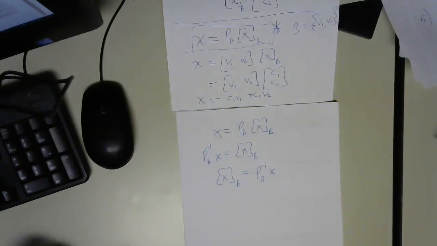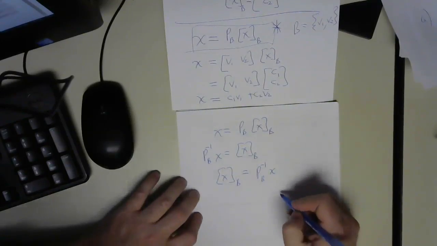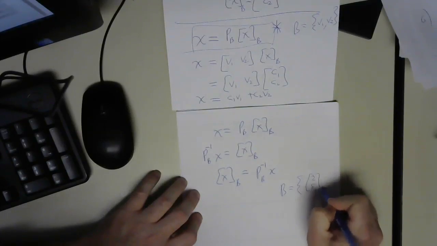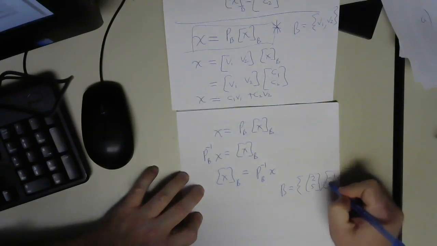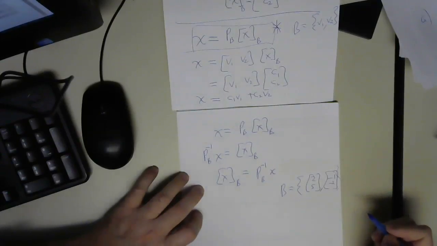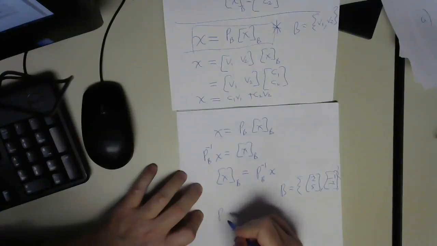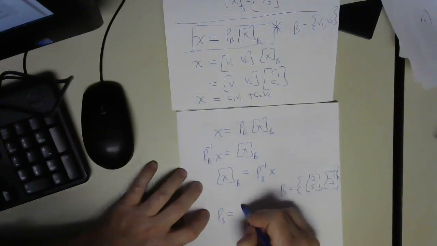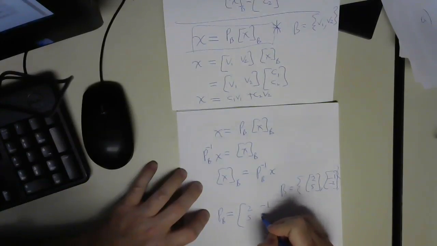So let's use that fact in this particular problem. Now in this particular problem, the basis is this. Okay. And those form the columns of the change of coordinates matrix.